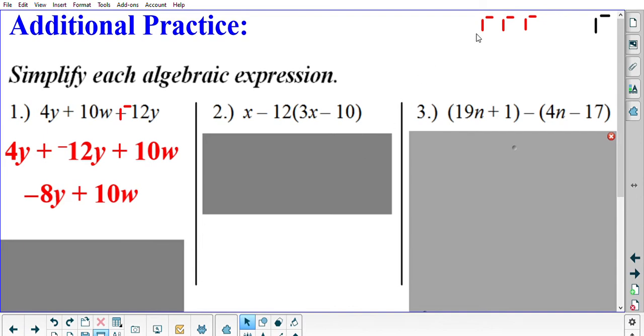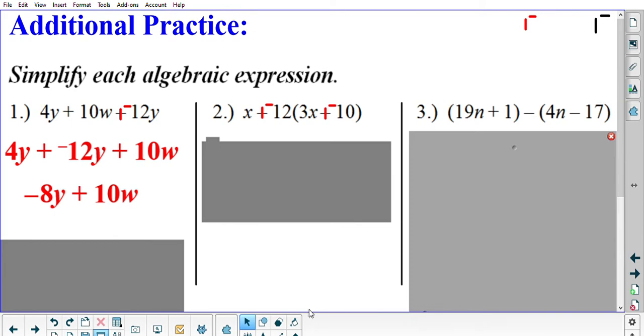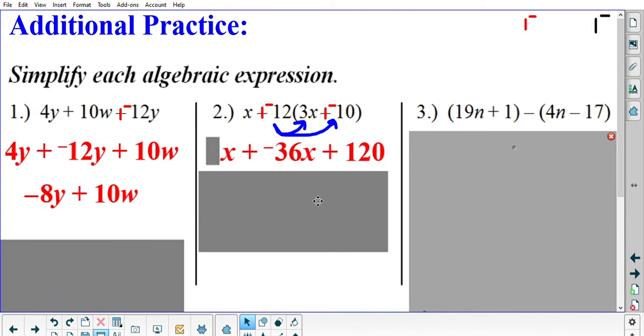Problem number 2, we have subtraction, make it adding the opposite. We also have subtraction on the minus 10, make that adding the opposite, and then you are going to distribute the multiplier. The multiplier here is the 12. Sorry, not the 12, the negative 12. So the negative 12 will get multiplied to 3x and multiplied to the negative 10. Negative 12 times 3x is negative 36x.